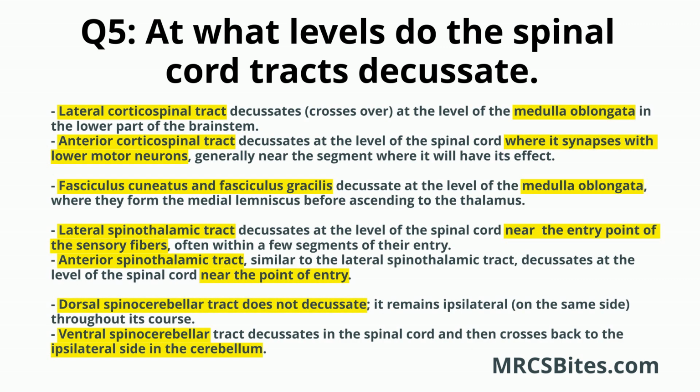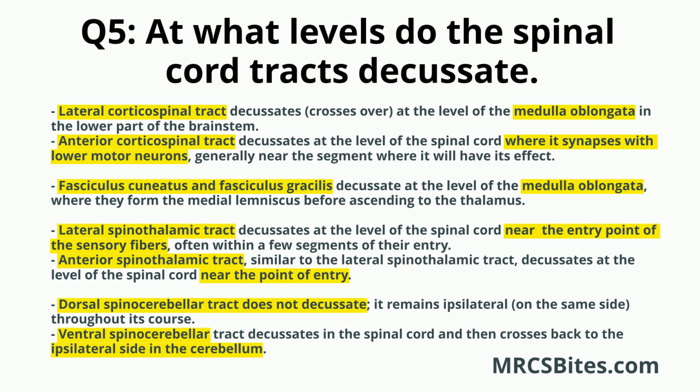Question 5. At what levels do the spinal cord tracts decussate? The decussation, crossing over of spinal cord tracts, occurs at different levels depending on the tract. Lateral corticospinal tract decussates at the level of the medulla oblongata in the lower part of the brainstem. Anterior corticospinal tract decussates at the level of the spinal cord where it synapses with lower motor neurons, generally near the segment where it will have its effect.